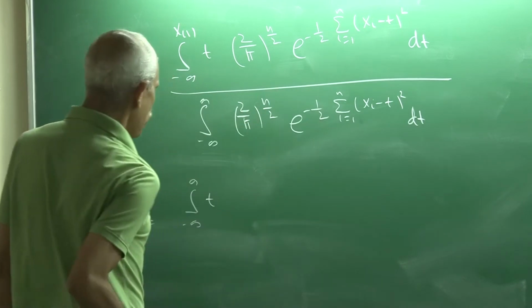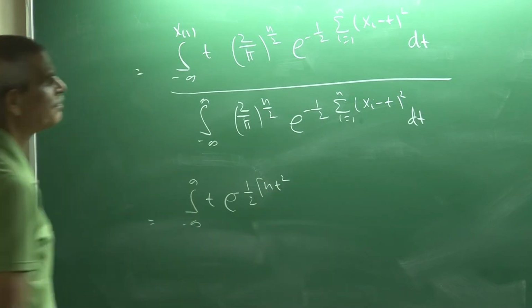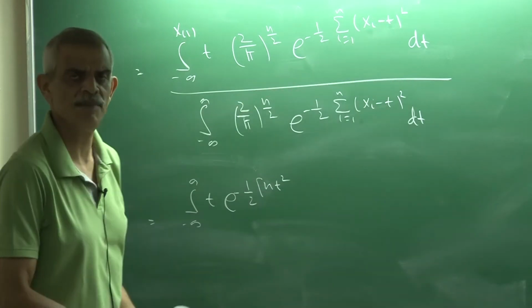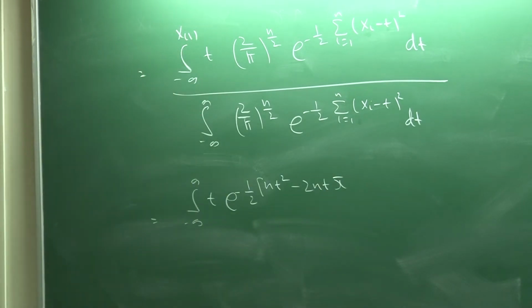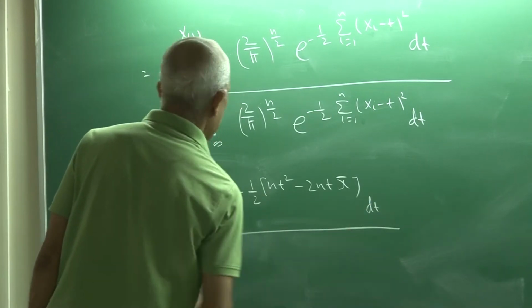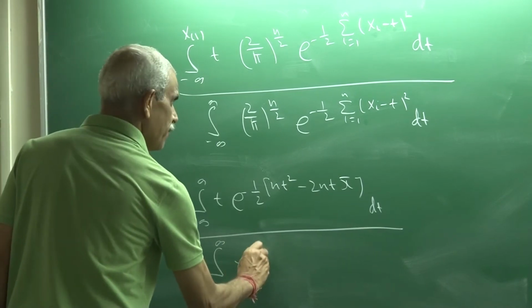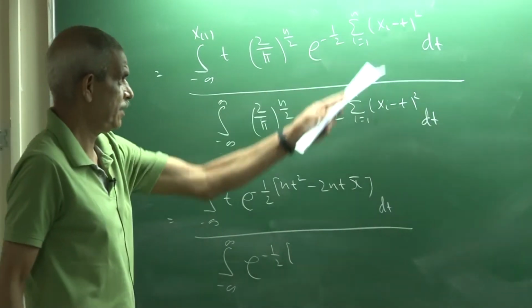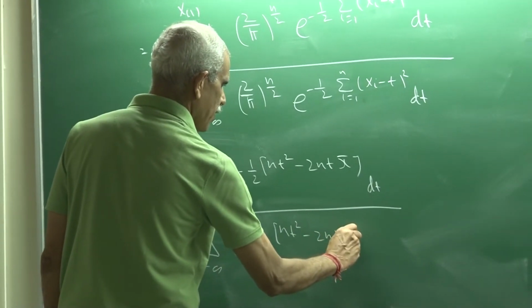You will get e to power minus half n t square, then minus 2t summation xi, which is same as minus 2nt x bar, dt, divided by the integral from minus infinity to infinity of e to power minus half. Again, summation xi square by 2 gets cancelled. This becomes n t square minus twice n t x bar dt.